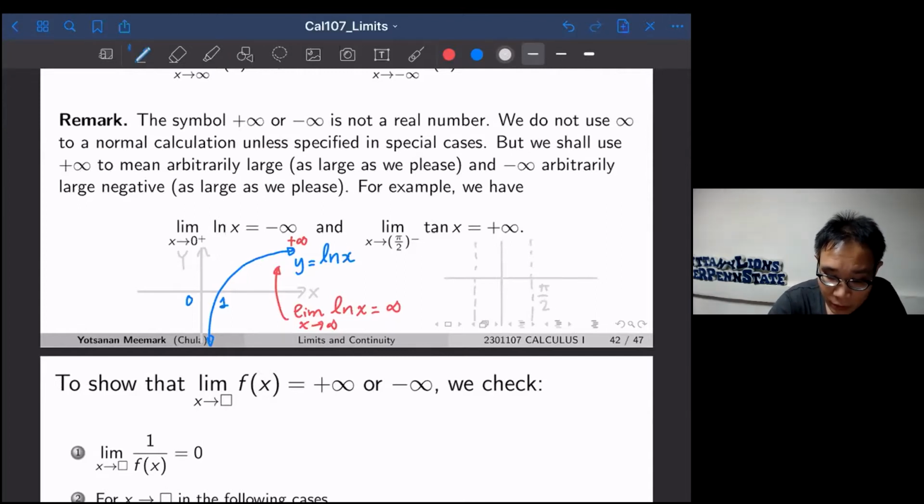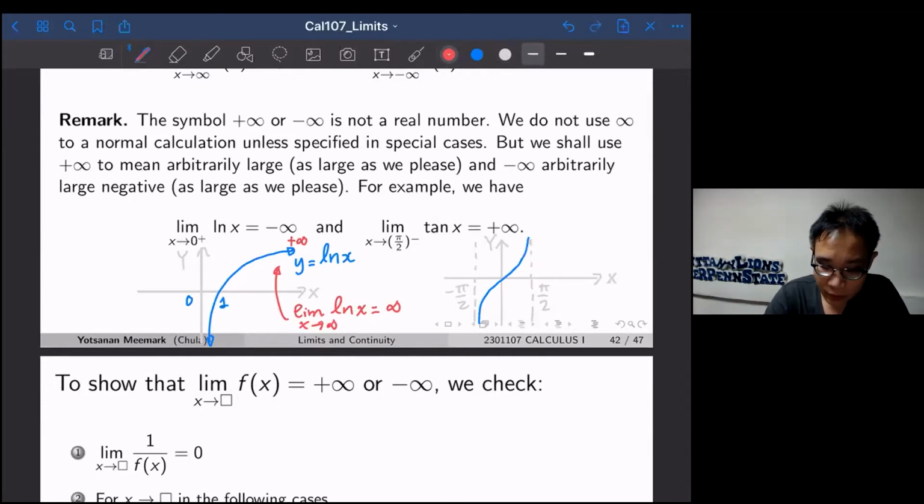For this function, this one is y equals tan x on the interval negative pi over 2 to pi over 2, with something like an S shape here. The limit as x goes to pi over 2 from the left side is here, and it goes to positive infinity.